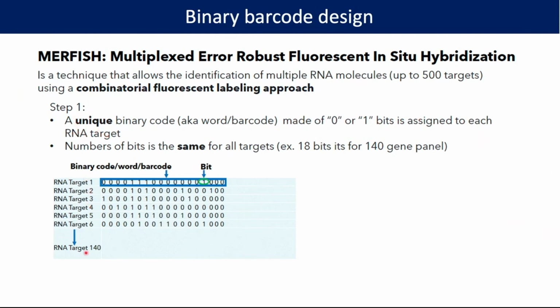So this here, for example, are up to 140 targets, and each of the targets would have a different binary barcode, right? And the bits, so the numbers within these barcodes, are always going to be the same for one codebook, basically. So for example, for a 140-gene panel, those would be 16, 17, or 18 bits.